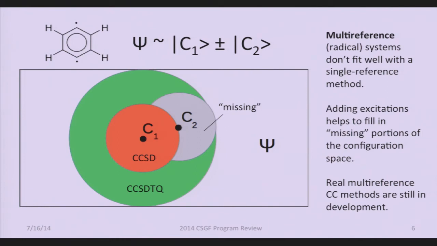This is singles and doubles excitations here, so it's already two excitations away. So it just barely gets described by our coupled cluster method. And all this stuff that we'd need for a really qualitative description is missing. But if we happen to go to higher orders of coupled cluster, we just keep adding on letters here, we can eventually start to describe both of our configurations in a somewhat equal way.